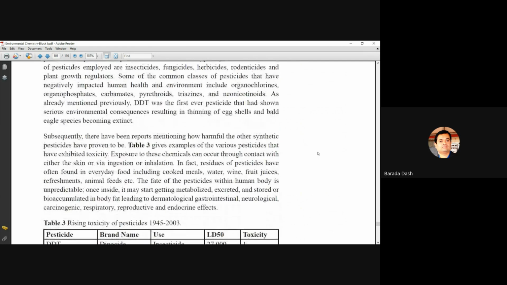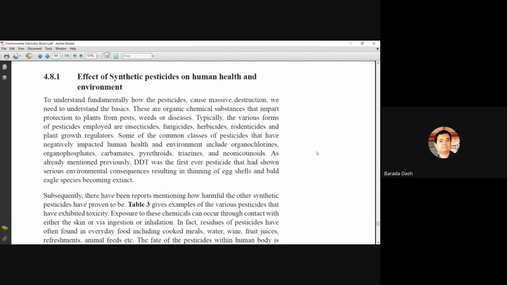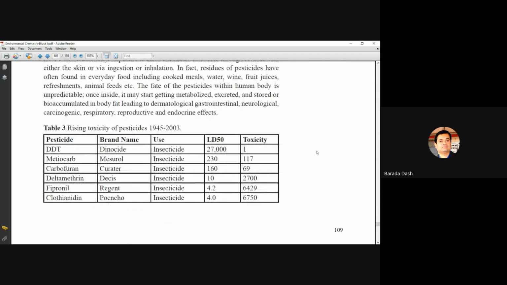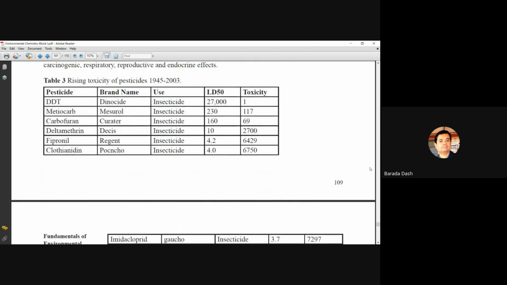Many of the pesticides have a very strong effect on our body, causing damage to the kidney, liver, our entire system. High doses of pesticides can cause death of human beings.